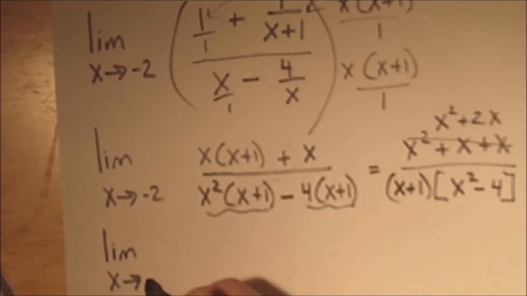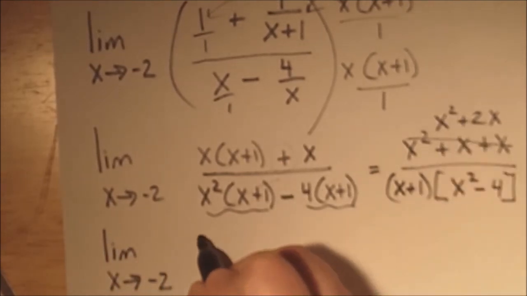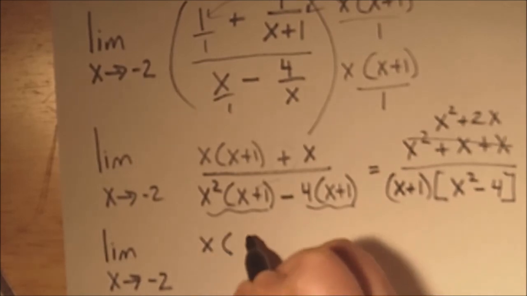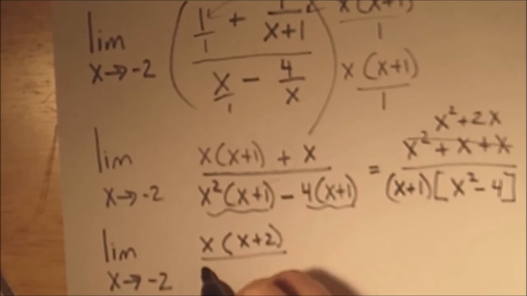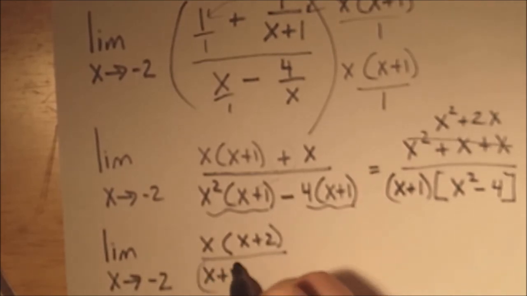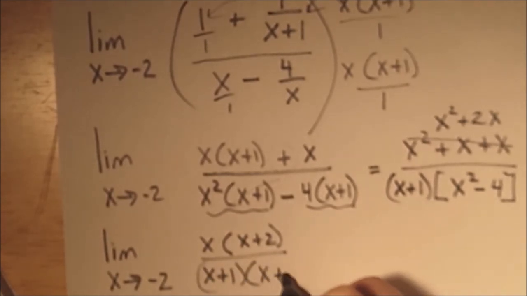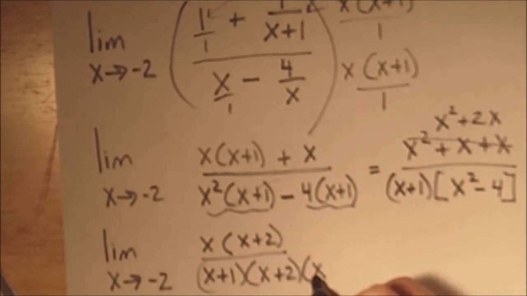So the limit as x approaches -2. That's x times x plus 2 over x plus 1 times x plus 2 times x minus 2. These would cancel.